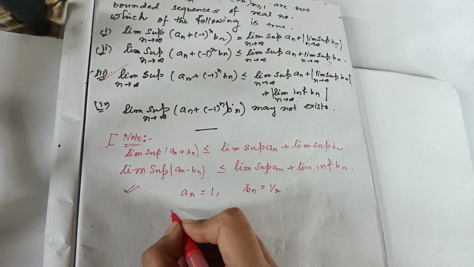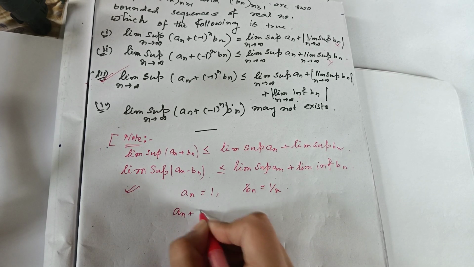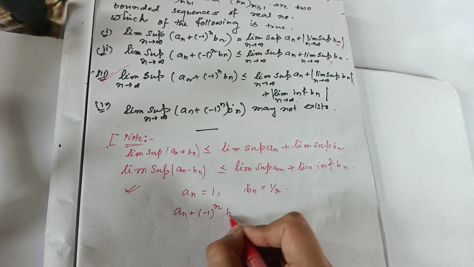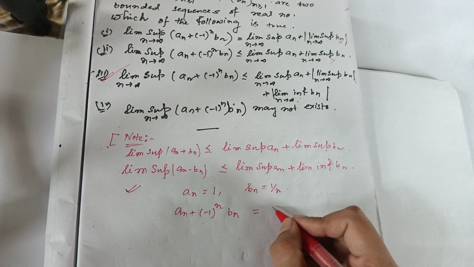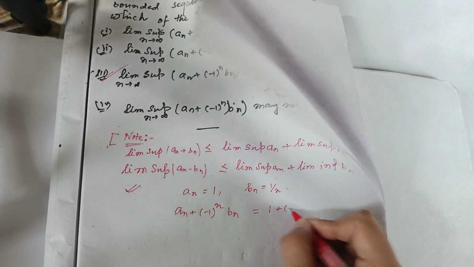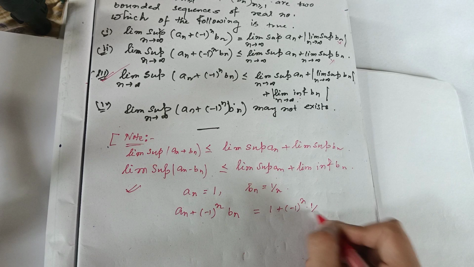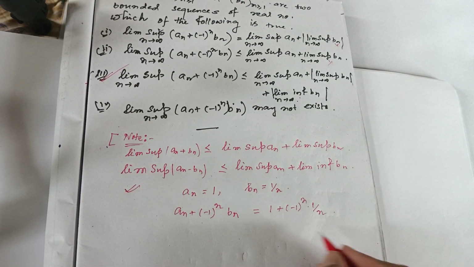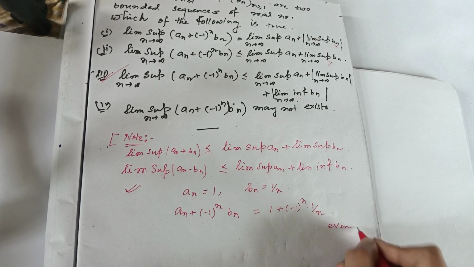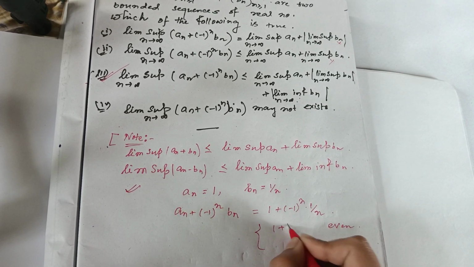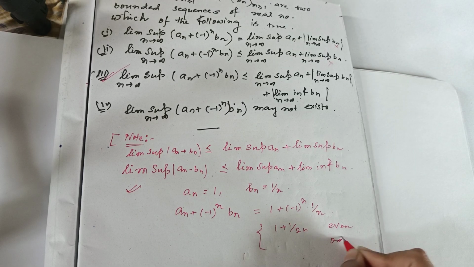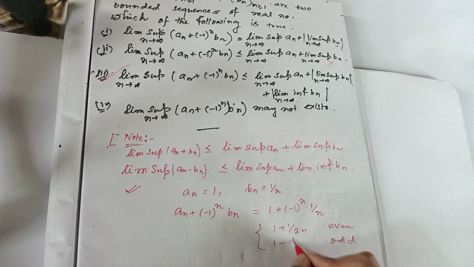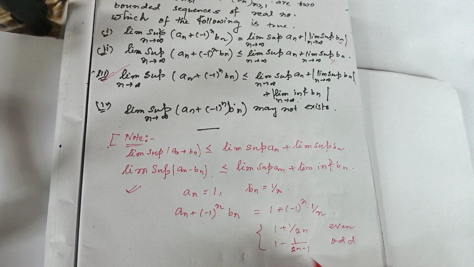Okay, so a_n plus (-1)^n b_n is equal to 1 plus (-1)^n into 1 by n. Is it clear to everyone? So if n is even, this is of the type 1 plus 1 by 2n, or else this gives the type 1 minus 1 by (2n minus 1).